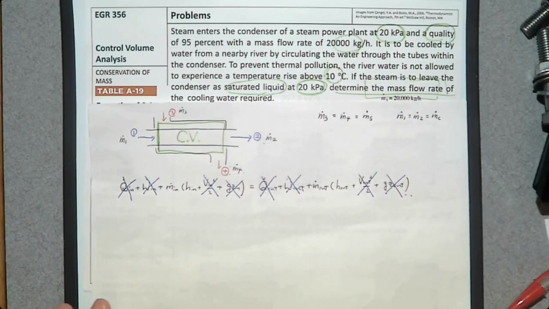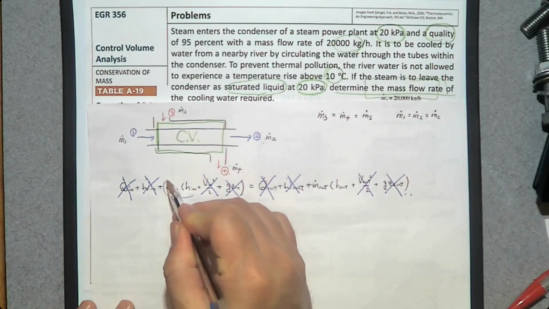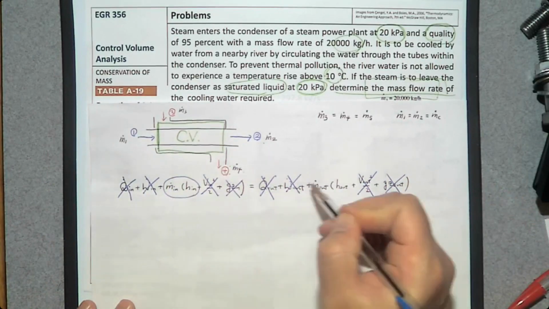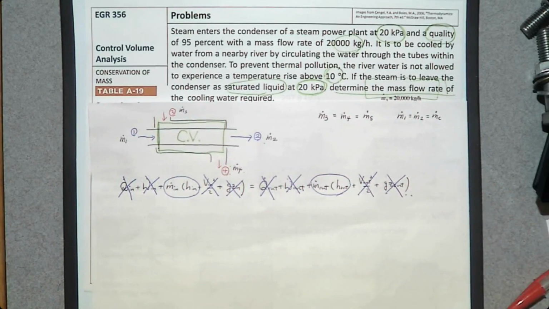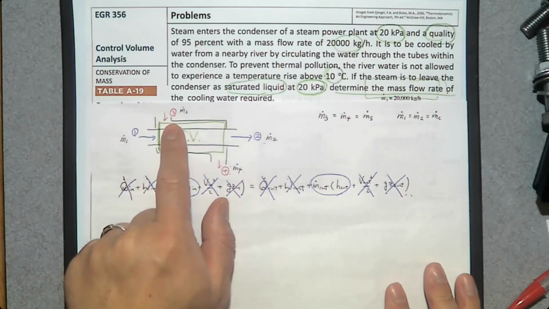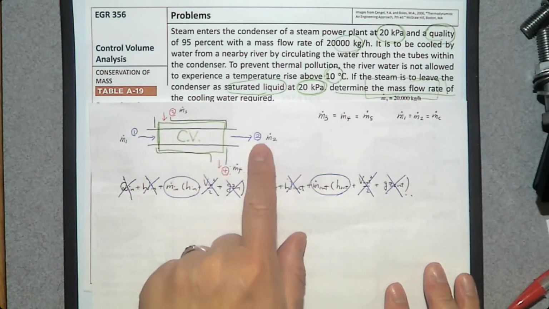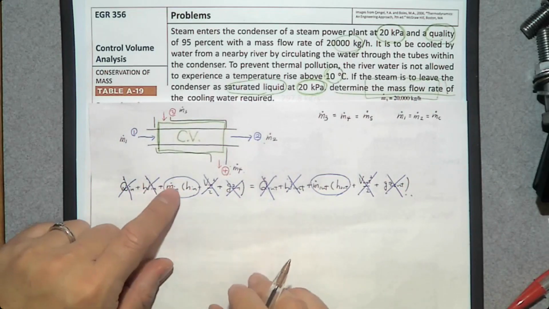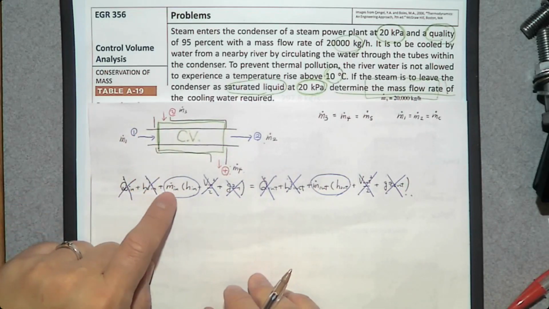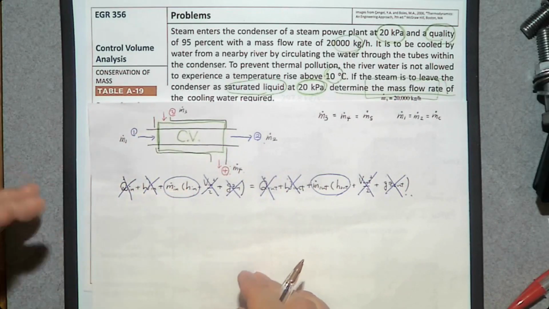Then what do we have? The rate of enthalpy at the inlet and the rate of enthalpy at the exit. So how many inlets do we have? 1, 3. How many exits do we have? 2, 4. So 2 of each. So let's use 1 and 3 first. m dot h is the form.